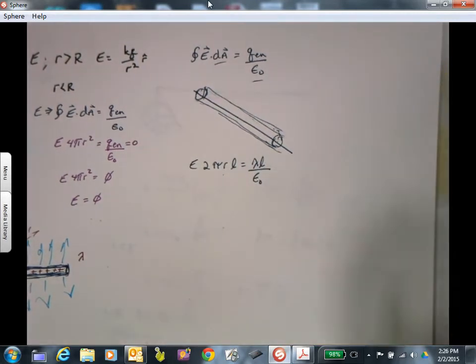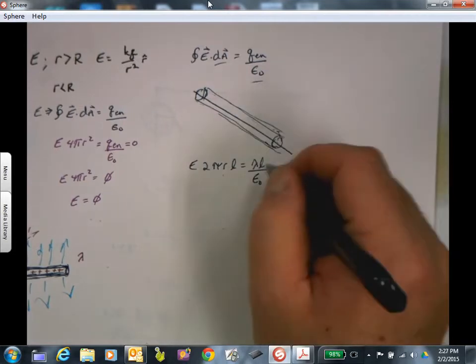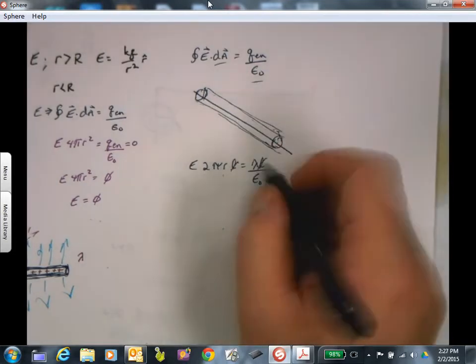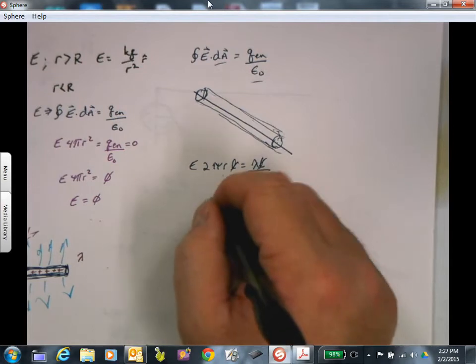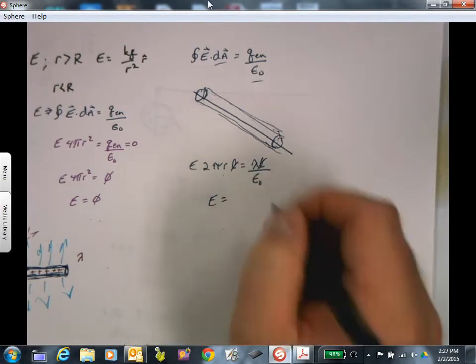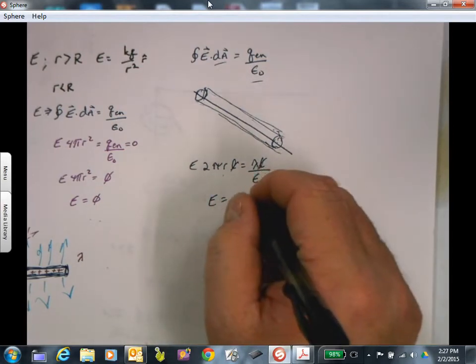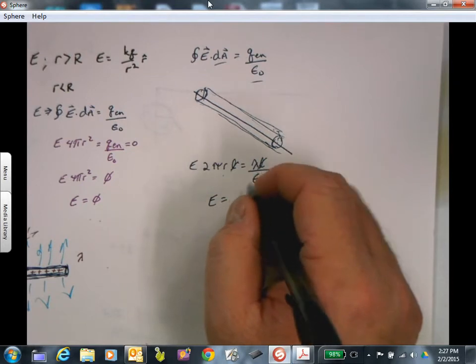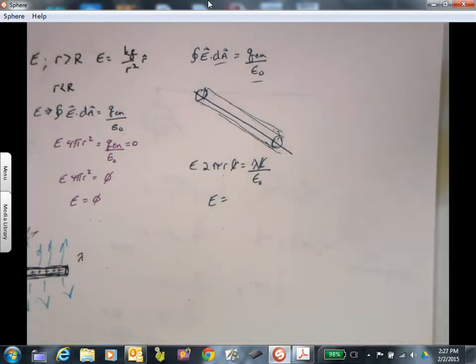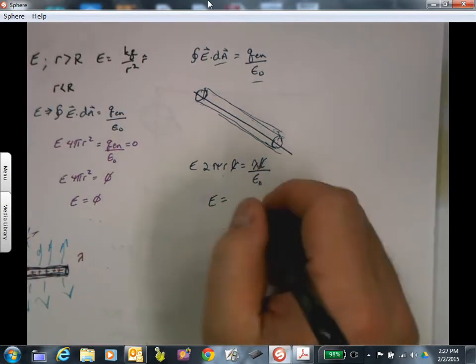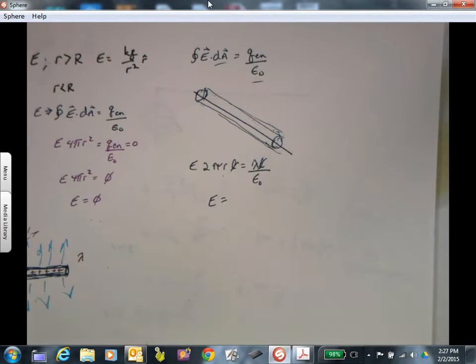Well, if we're solving for E, then we can start canceling things so that the L's are going to cancel. And this winds up being E equals, there's two ways of looking at this. I want you to get in the habit of pulling the constants out and leaving the variable inside of the parentheses, or separating the variable from the constant.